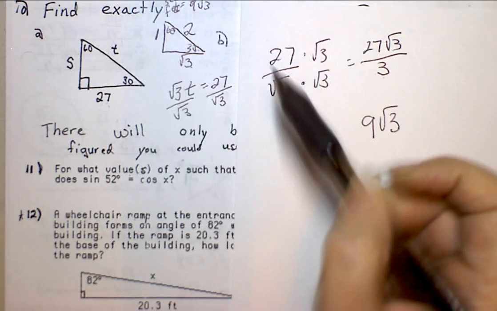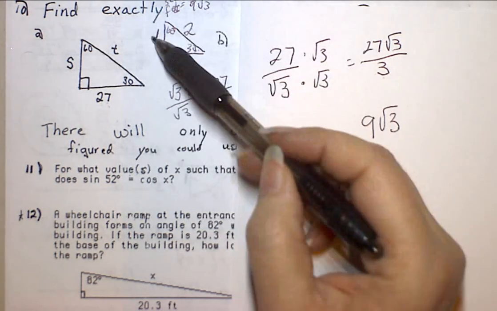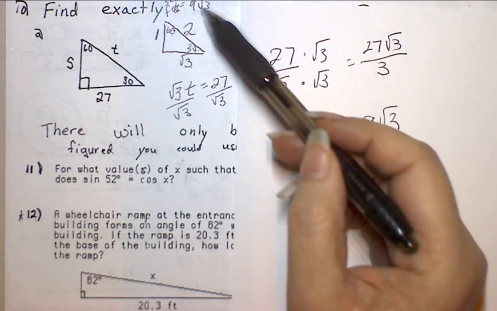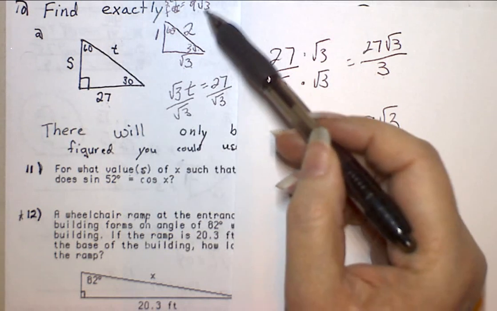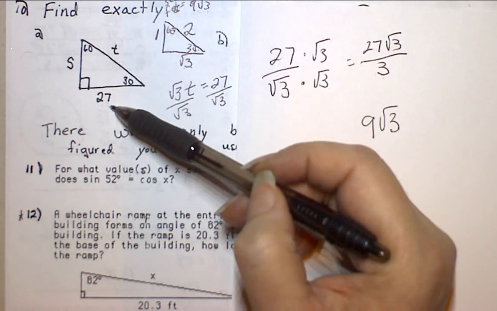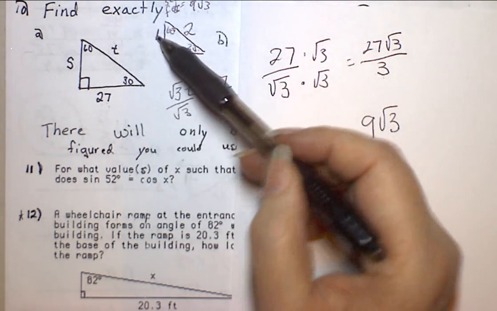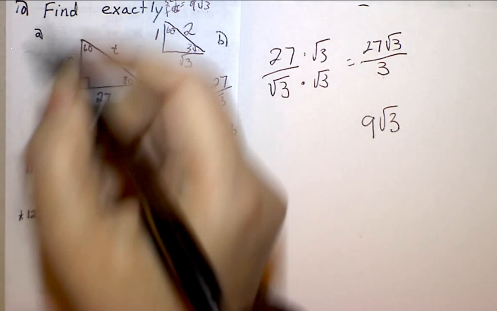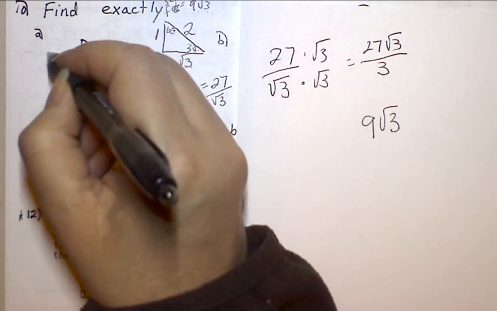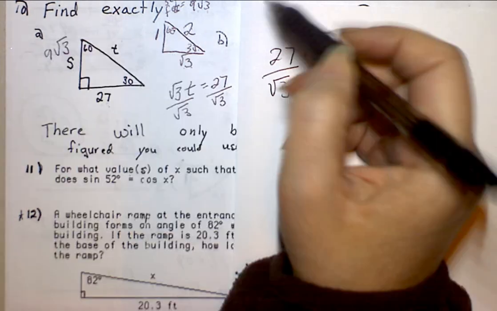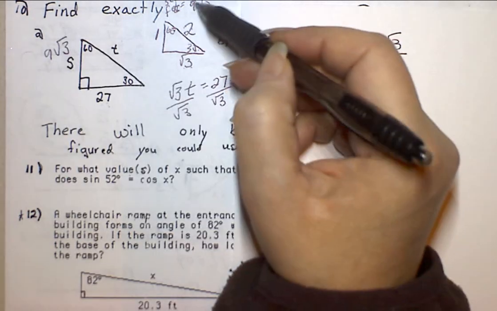So that means if I multiply each side by 9 square roots of 3, that's what I'm going to get. So 9 times the square root of 3 times the square root of 3 is 27. 9 square roots of 3 times 1 gives me s. So that means s is 9 square roots of 3. And then this one has to be 2 times that.